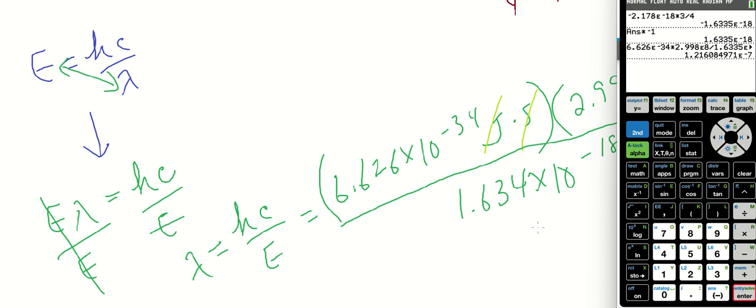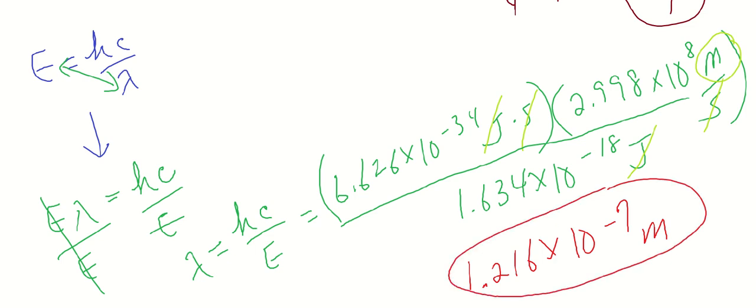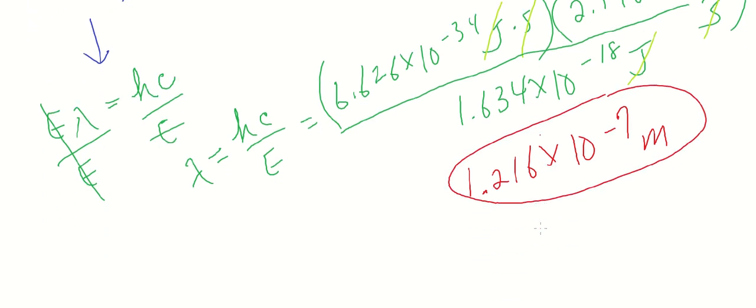All right, 1.216 times 10 to the negative 7 meters. And we know that is also the same thing as 121.6 nanometers.